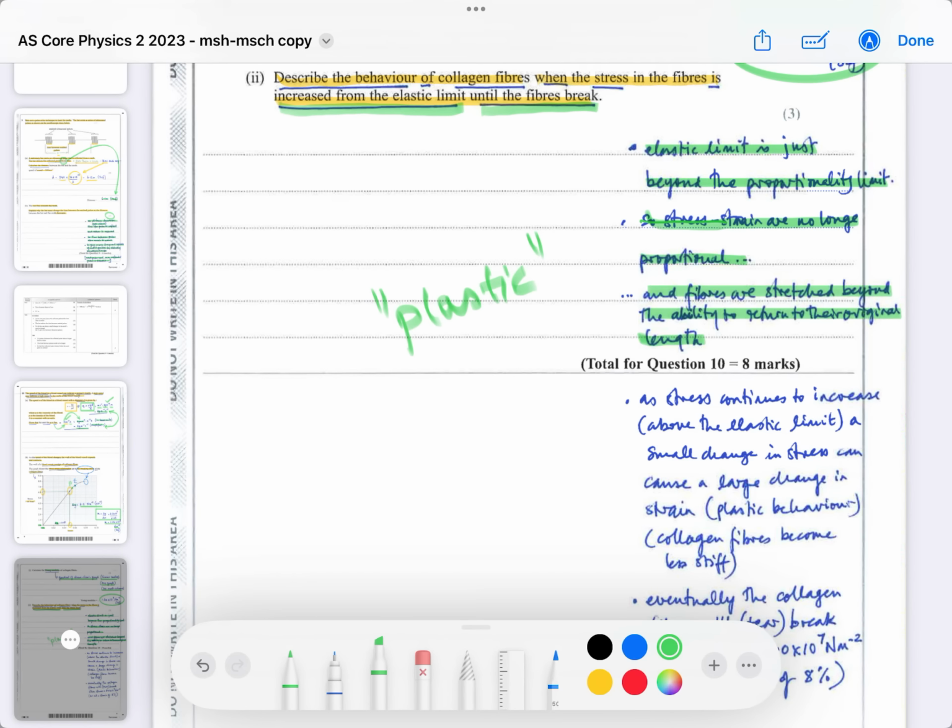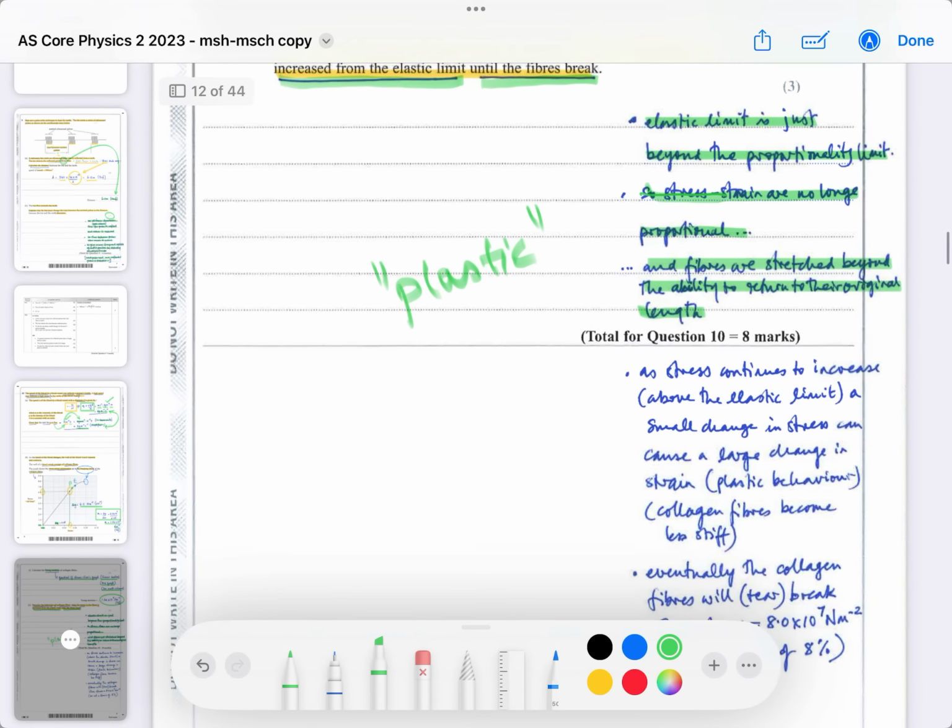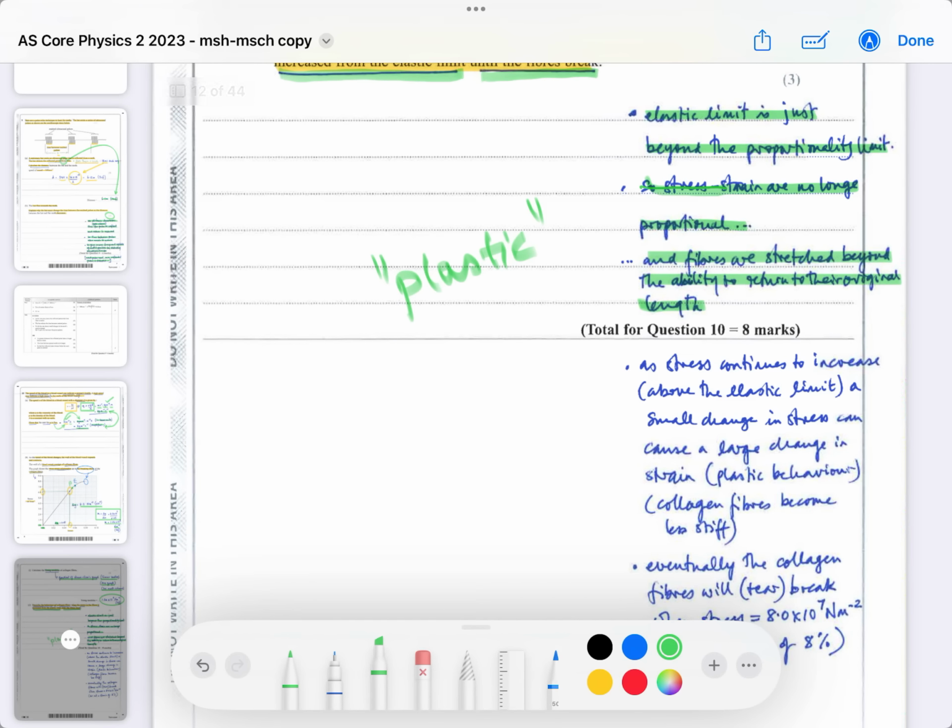And that means they will never return to their original length. As stress continues to increase even further above the elastic limit, a small change in stress can cause a sudden or large change in strain. And that's what we mean by plastic behavior.